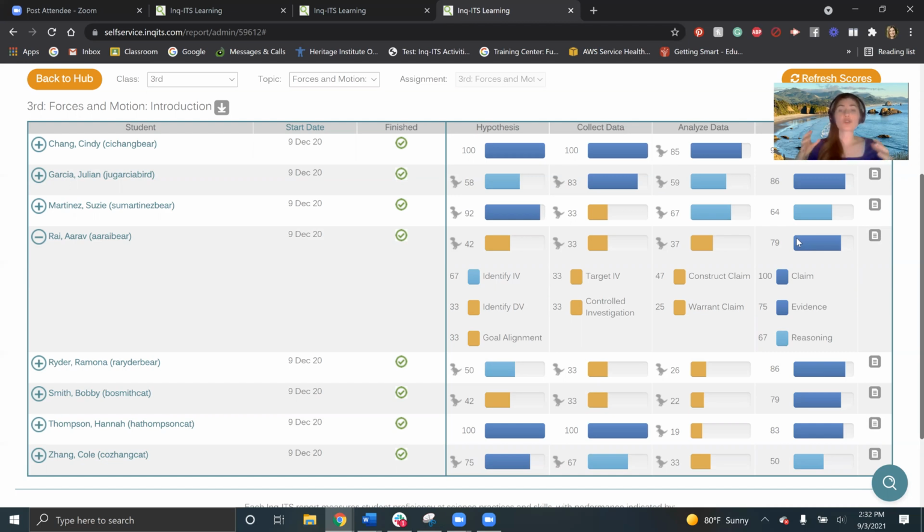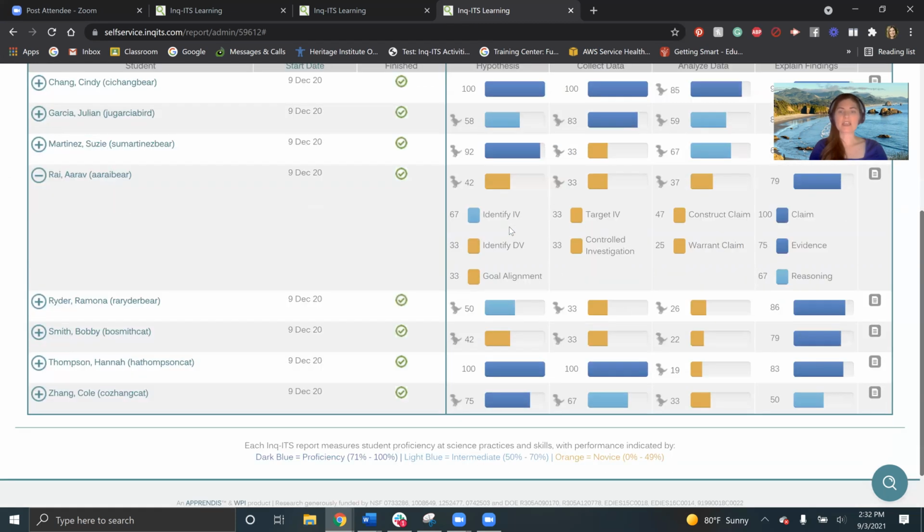And so we need to make sure that we're using Inq-ITS, we're looking at that data, we're scaffolding them, we're giving them sentence frames, things like that, in order to help them to get better at writing. And maybe we're pairing them up with somebody who is a good writer, but needs help with the investigation. We're going to do a lot of partnering up and figuring out who we're going to put together based on this data that we're seeing right at the beginning of the year.